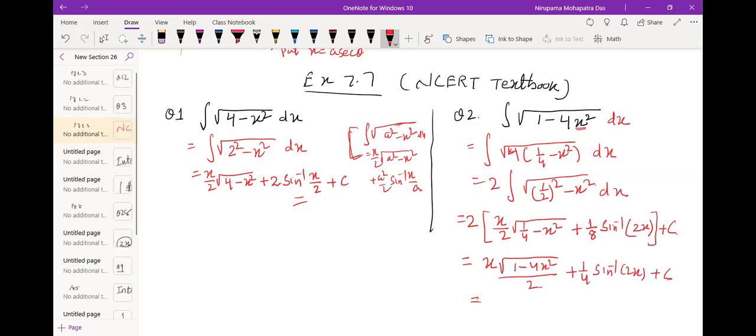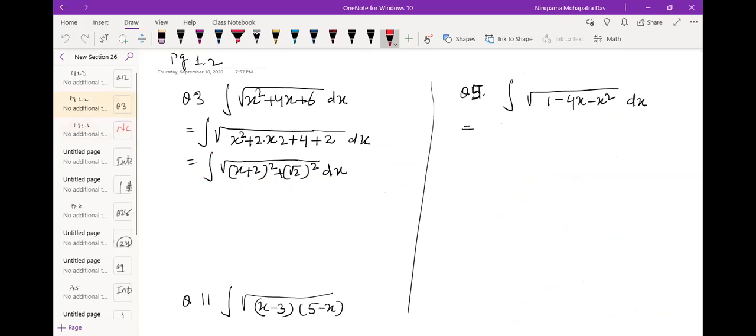Further down, you can write x by 2 into under root 1 minus 4x square plus 1 by 4 sine inverse 2x plus constant of integration. Is it clear?